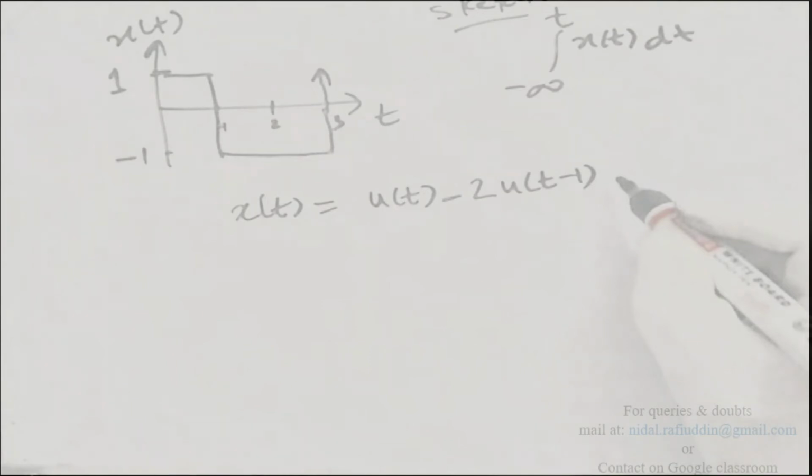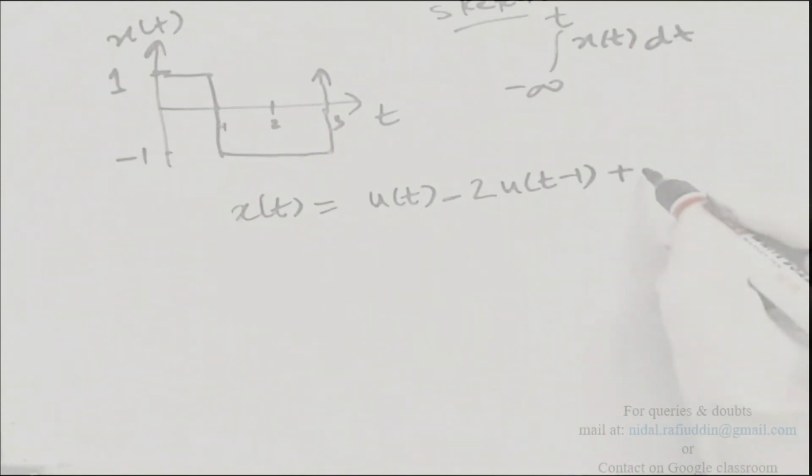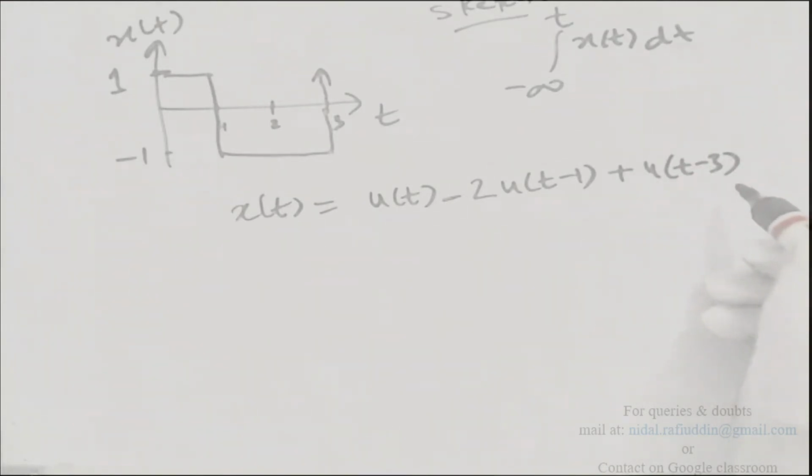Then this goes till t equal to 3, where the magnitude again turns to 0, which means that we'll be adding a step signal that starts at t equal to 3.